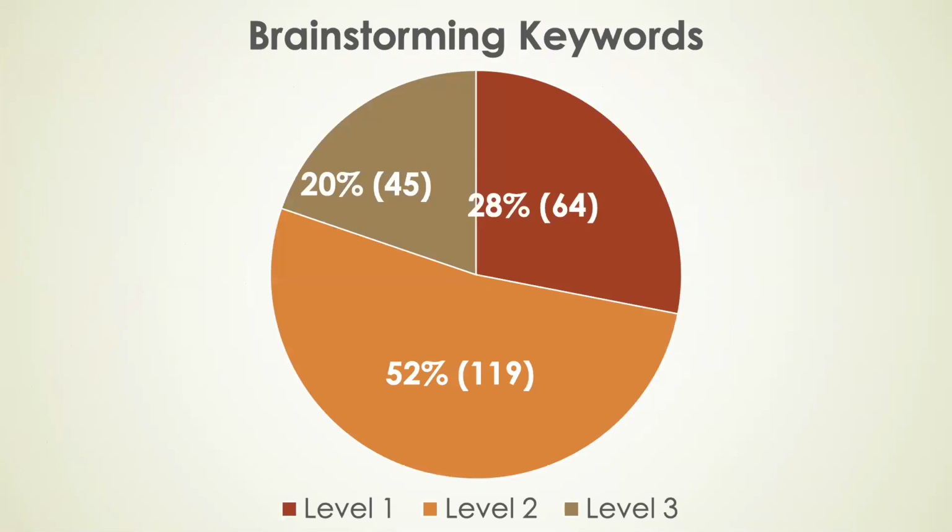So here are the results of the student assessment for brainstorming keywords. Level 1, the lowest level, is the red section of the pie. The middle level is the orange section, and then the highest level is the tan section.